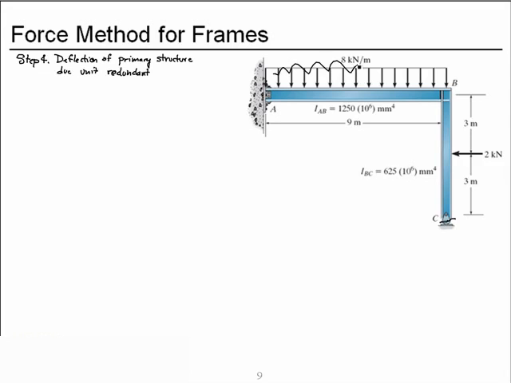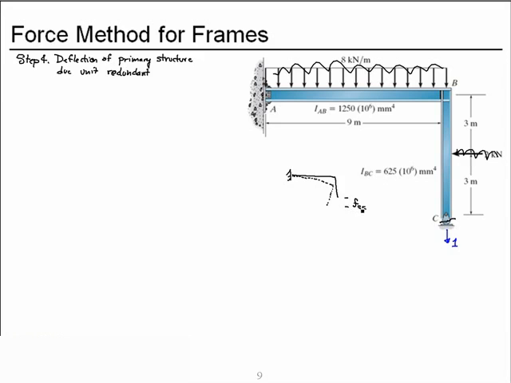So we'll take off the concentrated force and the uniform distributed load, and we'll apply the unit redundant, which will give us a deflected shape that looks something like that. And we said this will be our vertical deflection.